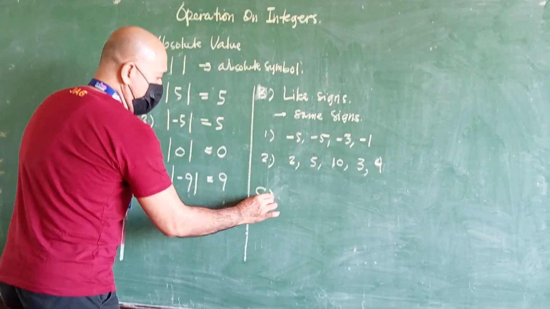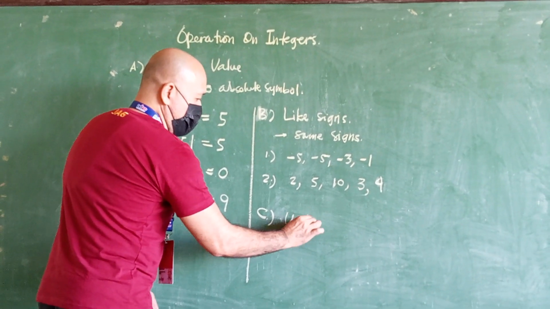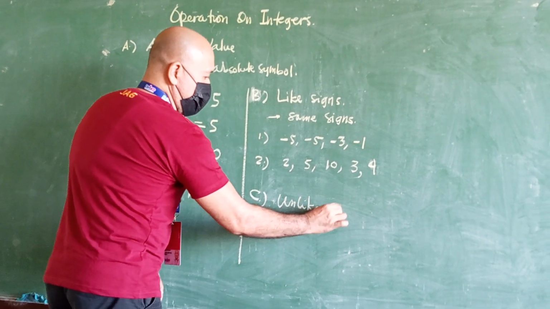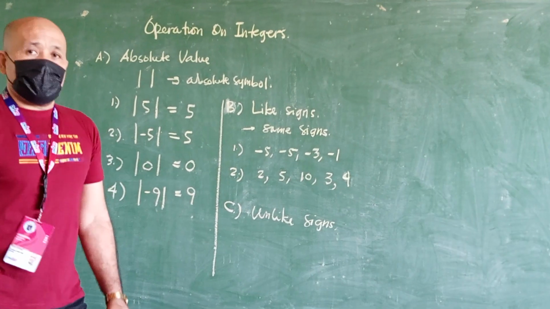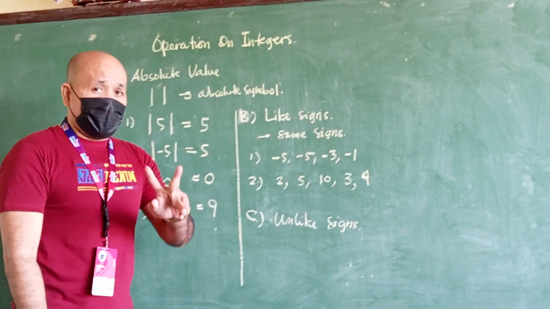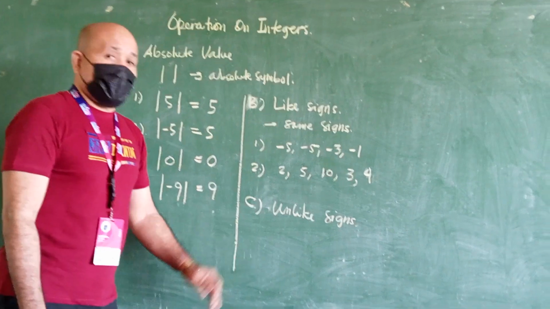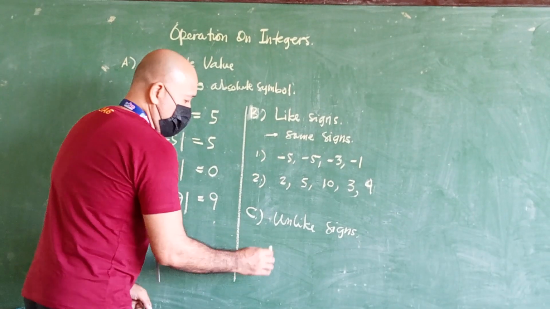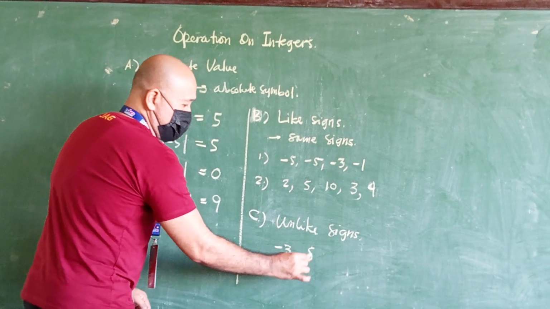The next term will be unlike signs, especially two integers where the signs are not the same. For example, negative 3 and positive 5.